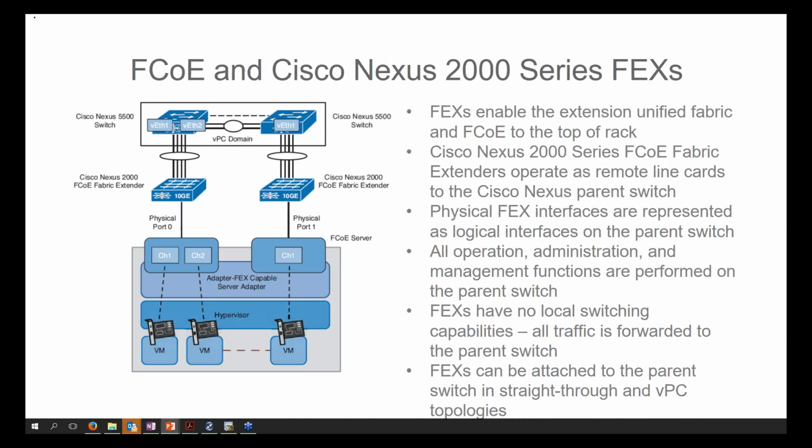A lot of times you'll see Nexus 5000s or 7000s maybe in a middle of row or an end of row implementation, and rather than having to spend the money to put a series of 5500s on the top of the racks all the way down, you can do fabric extensions by deploying these Nexus 2000s, whether it's 2232 or 2332 for 10 gig or 2248s for 1 gig, and spread them all the way down throughout your data center and extend that fabric. It allows you to create a unified fabric with a single point of management at the head end.